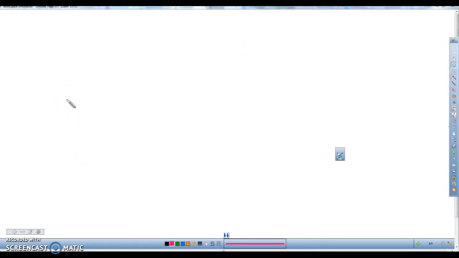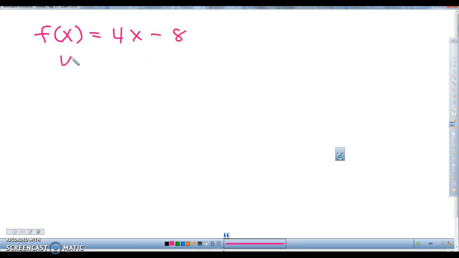So beyond graphing and just switching the points, we can also find the inverse of a function. Remember, sometimes we write functions with f of x. So let's say I have f of x equals 4x minus 8. The first thing I'm going to do is write f of x as y, because that's a little less confusing. But I will go at the end and put it back in that f of x format.